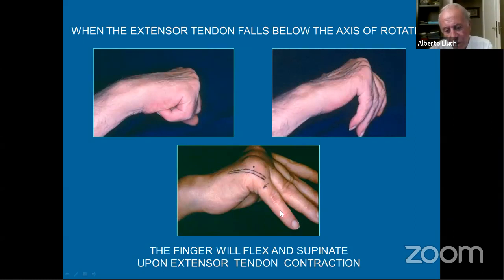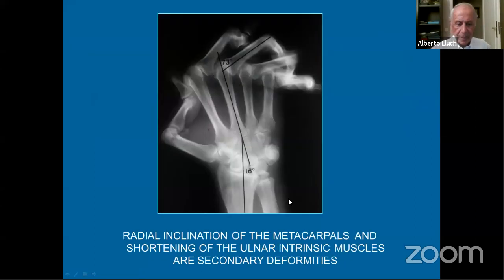So with one finger, you can correct the position, correct the supination, and correct the flexion deformity, and ask the patient to extend it, and you will see that the finger supinates and flexes because the extensor tendon is not placed where it should be. So the effect at the MP joint is ulnar inclination, flexion, and supination of the finger.